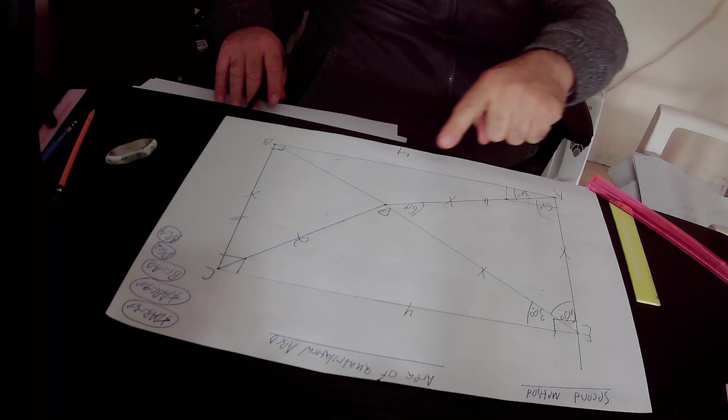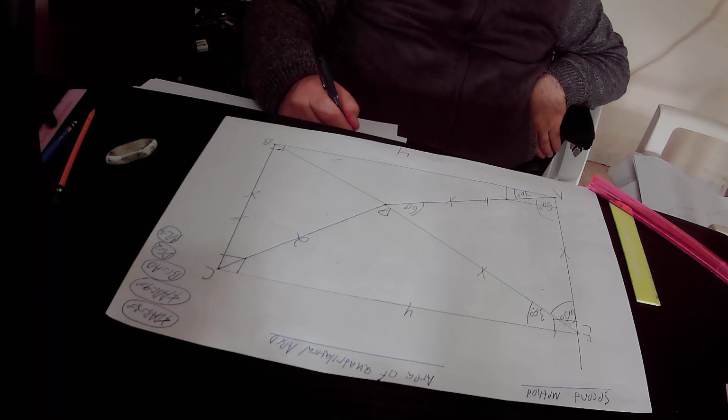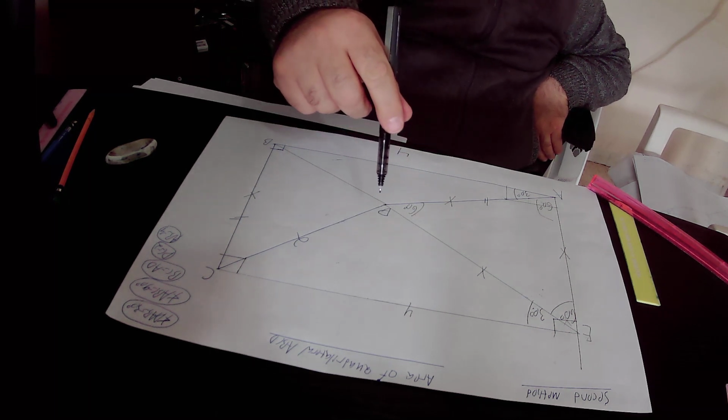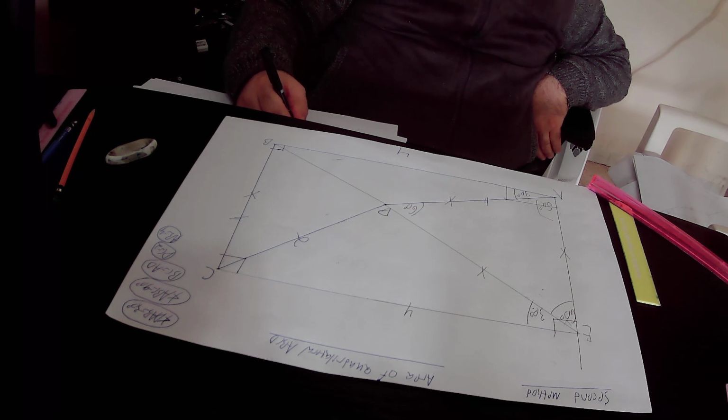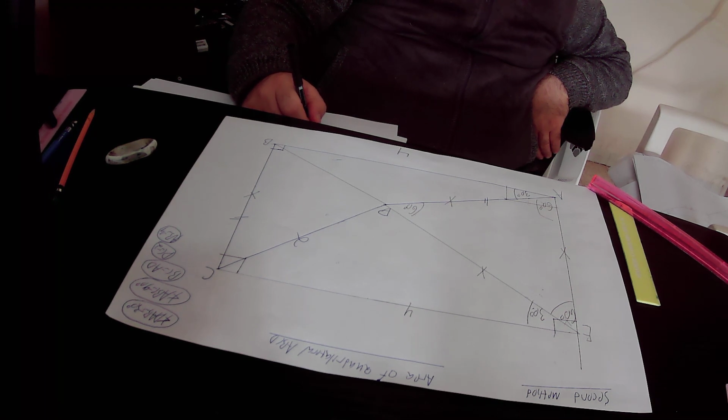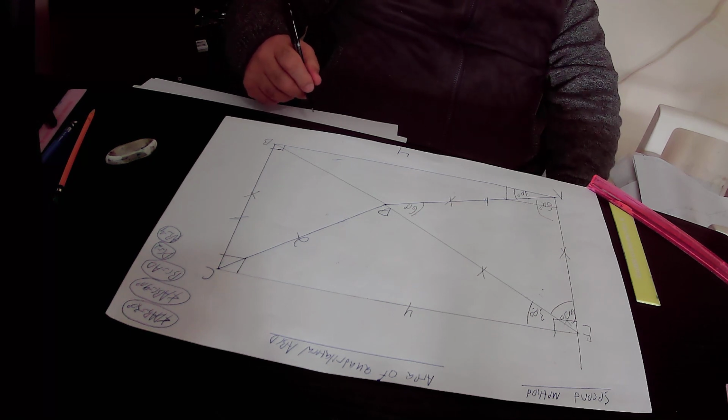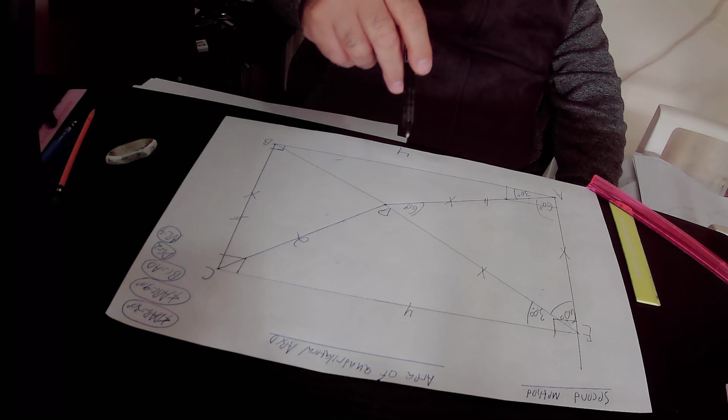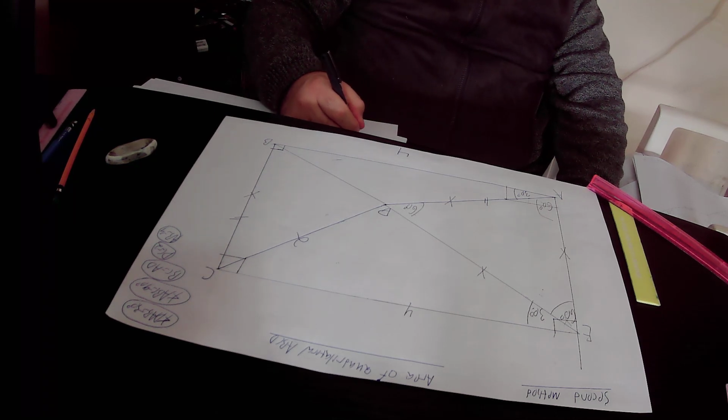So we actually proved that this triangle ADB is congruent to this triangle EDC, according to the side angle side rule.